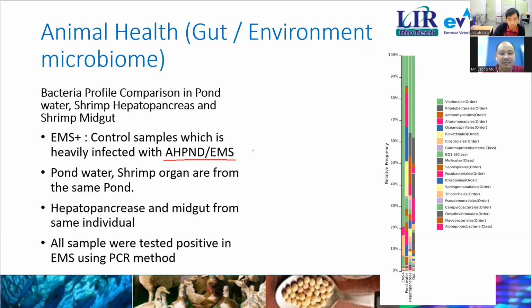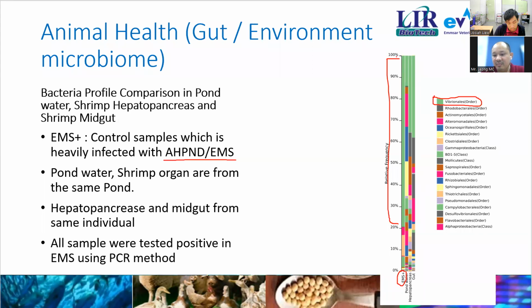When we do this gut and environment monitoring, you can see the green color is the Vibrio group. This is a control with a positive detection of EMS, and you can see the Vibrio content is this much.